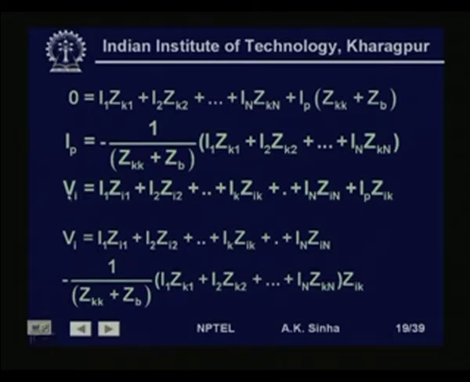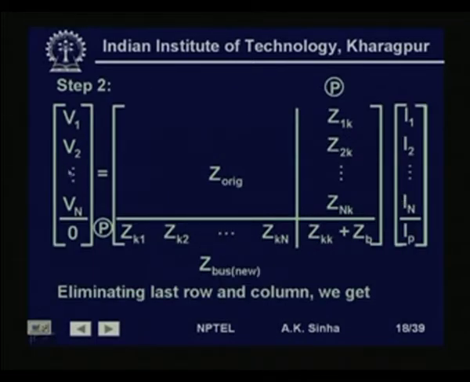Now, if we write down the expression for voltage at any bus i, then Vi is equal to I1 into Zi1 plus I2 into Zi2 plus up to Ik into Zik plus up to In into Zin plus Ip into Zik. That is, here for any expression, we will get I1 into Zi1, I2 into Zi2 and so on, In into Zin plus Zik into Ip.